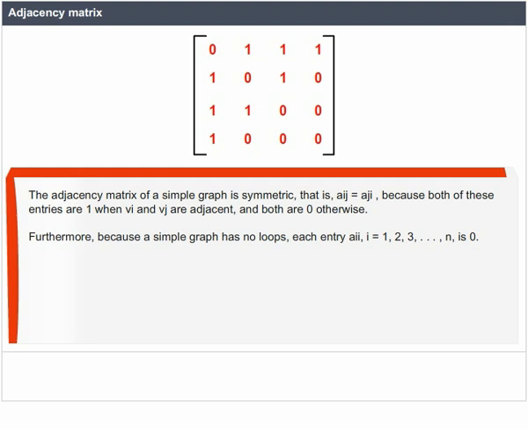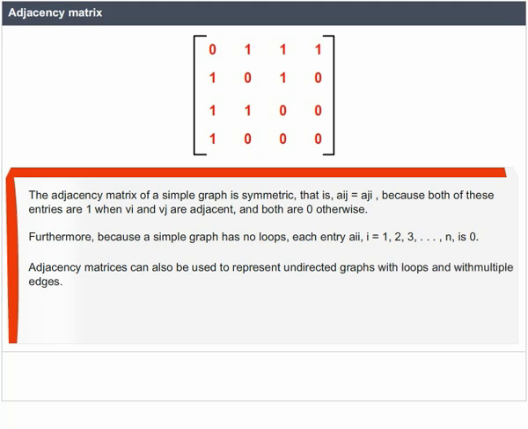Adjacency matrices can also be used to represent undirected graphs with loops and with multiple edges. A loop at the vertex vi is represented by a 1 at the (i, i)th position of the adjacency matrix.